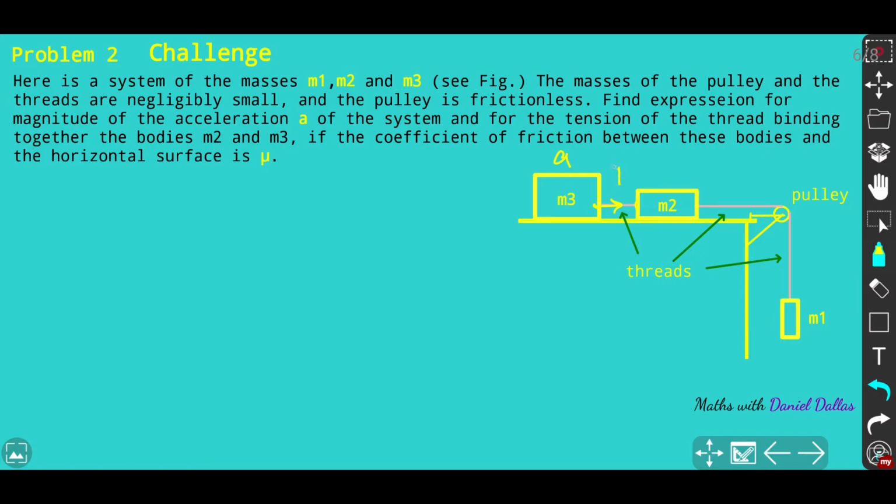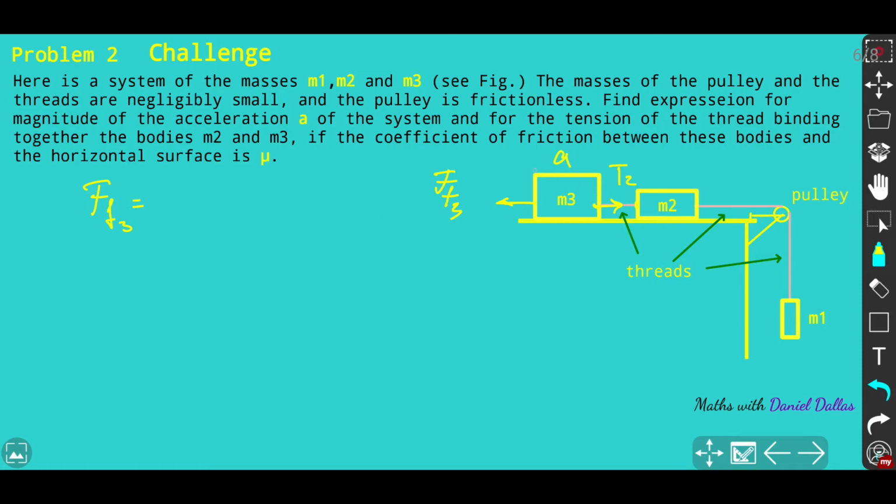We still have the same friction force, but in that case the friction force, F3, is going to be proportional to the reaction force for the object, only M3.